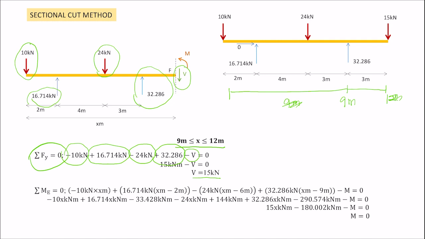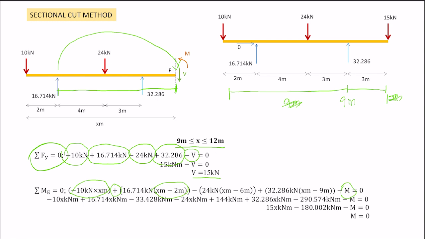And for moment, because we want to get what this M is, we have force which is 10 kilonewton going to F. It is counterclockwise and the distance is X meter. Negative because counterclockwise. Then we have 16.714 which is the RAY. It is clockwise, positive, and the distance is, okay, here is 2 meter, this length is 2 meter.